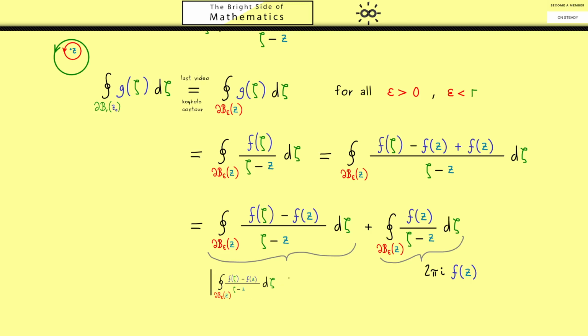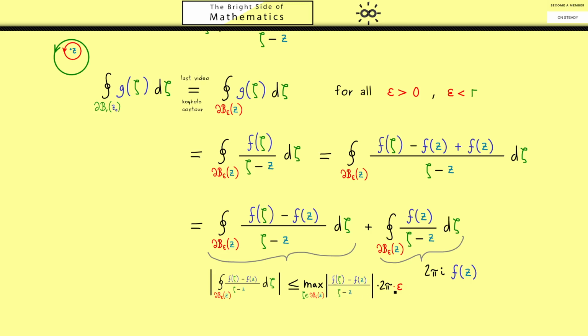Okay, to make this a little bit more precise, let's write it down that the absolute value of the integral above can be estimated with the maximum of the function inside the integral times the length of the curve. And the length of the curve is the length of the circle, which means 2 pi times epsilon.